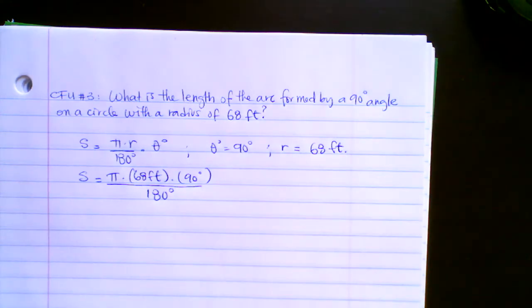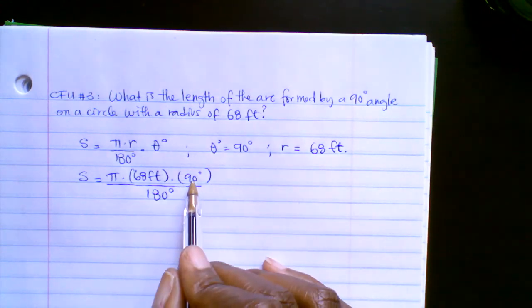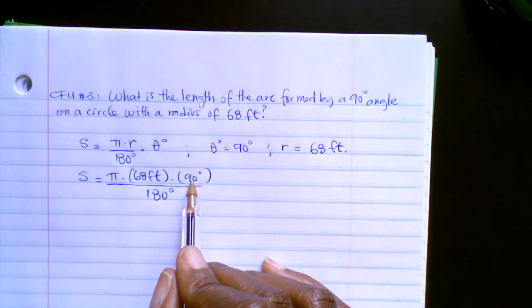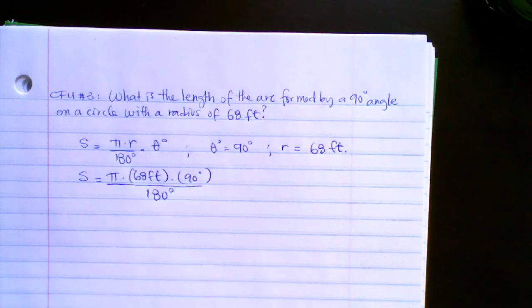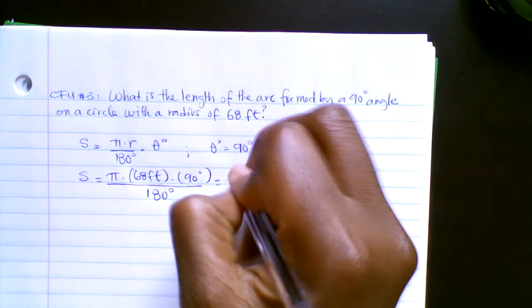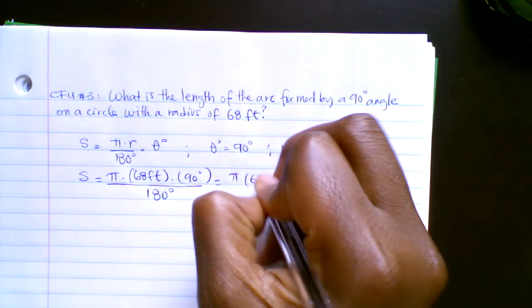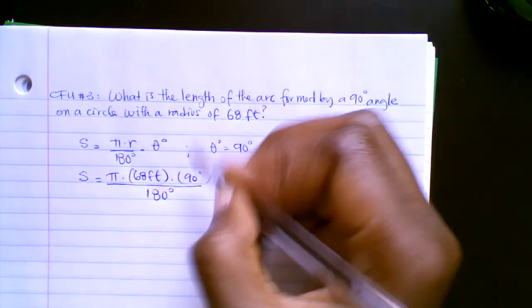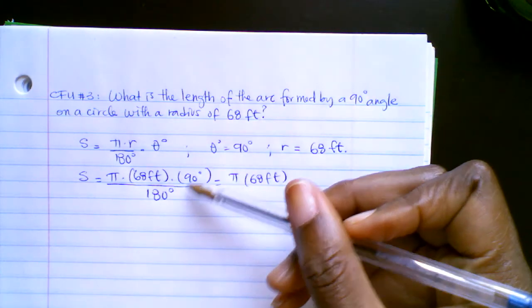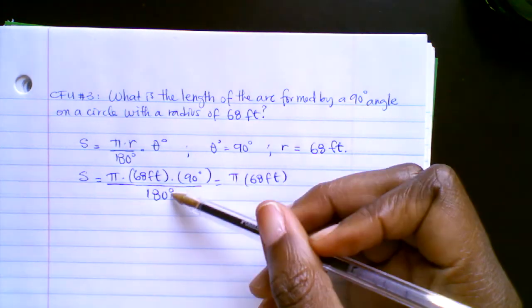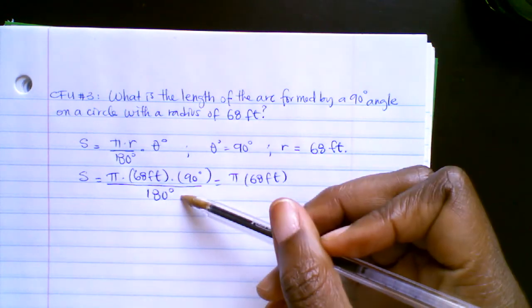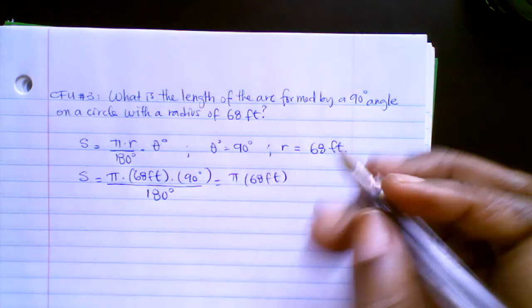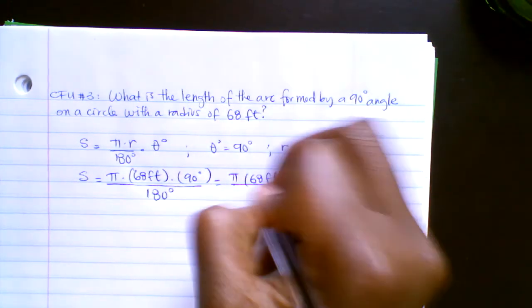What I notice here is the degrees on top and below simplify, so I can divide by 90 top and bottom. So I will end up with pi times 68 feet. If I divide by 90 on top, I'm left with 1, and 90 goes into 180 twice, so it should be everything divided by 2.